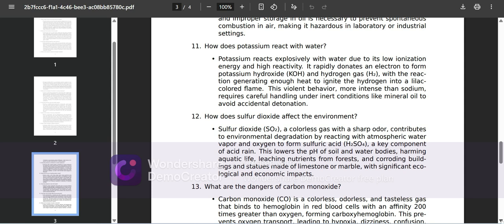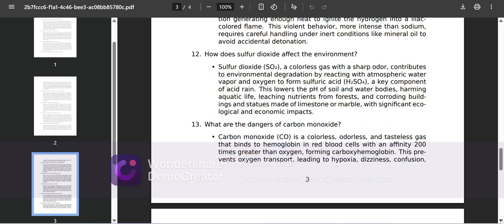This violent behavior, more intense than sodium, requires careful handling under inert conditions like mineral oil to avoid accidental detonation.